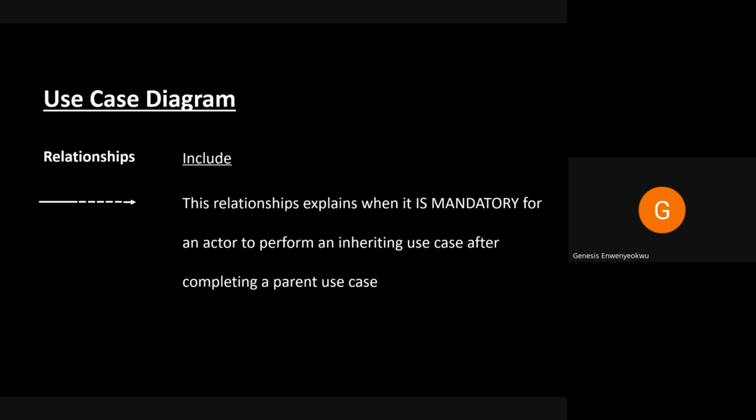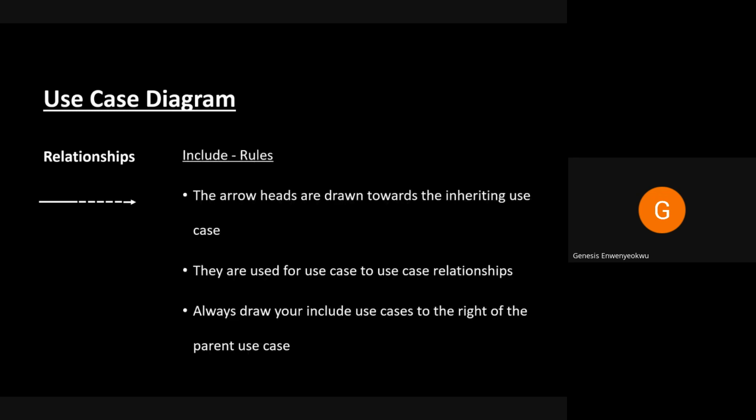So it means that the verify email function or action is an include use case, presented with an include relationship with the create account use case. So you have the create account use case, and you link them with an include relationship, and then have the verify email use case.